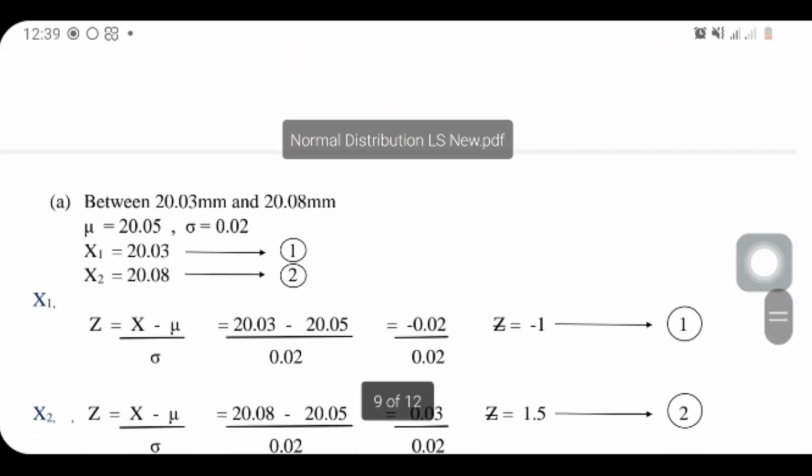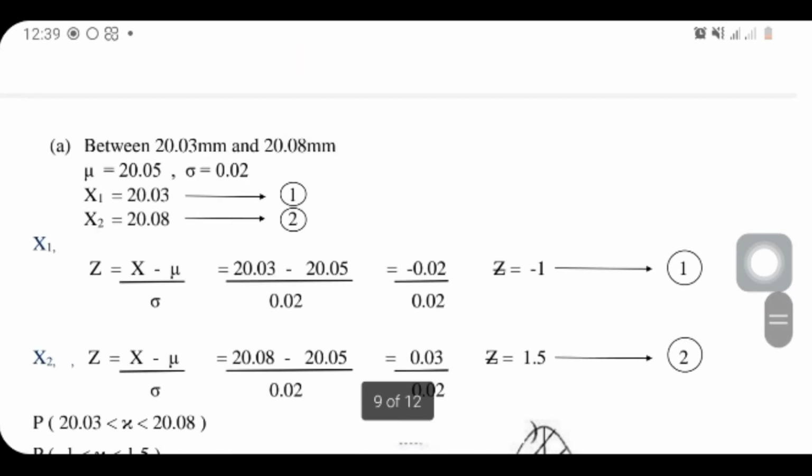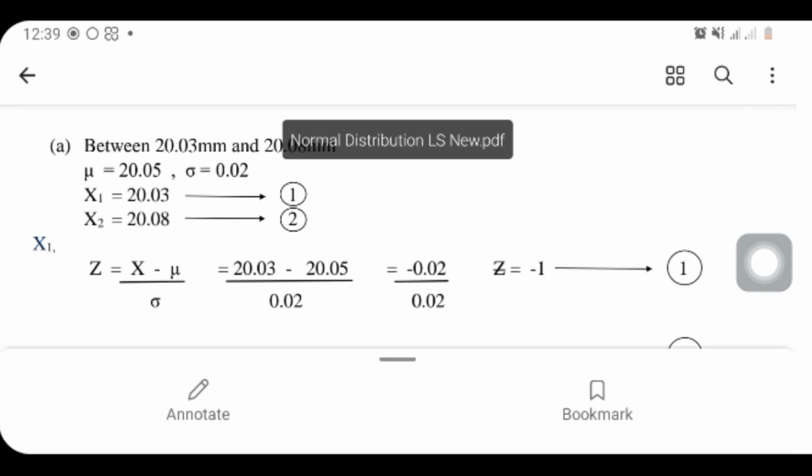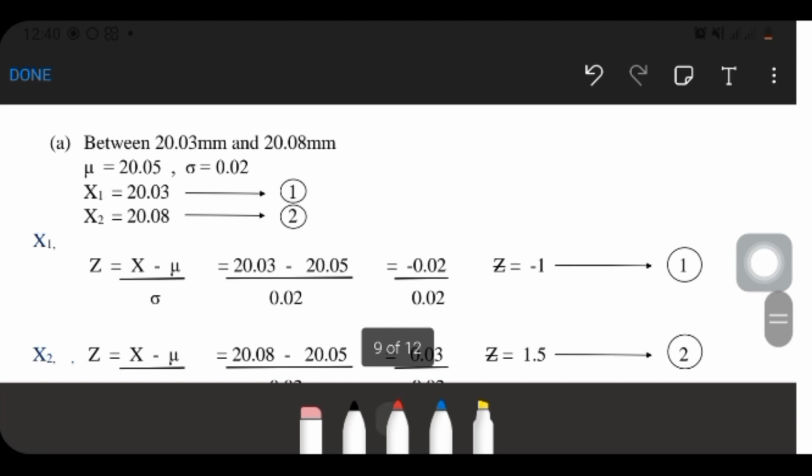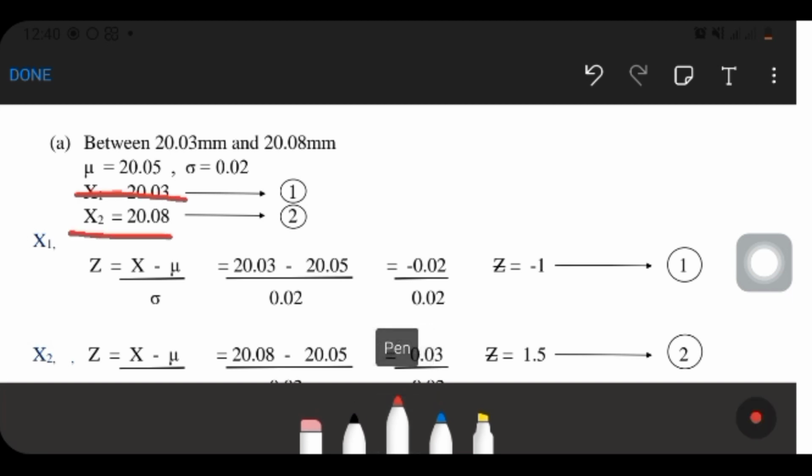Then we have two values to standardize: x1 and x2. I name x1 as 20.03 and x2 as 20.08.